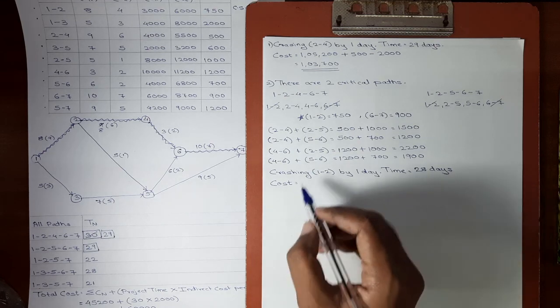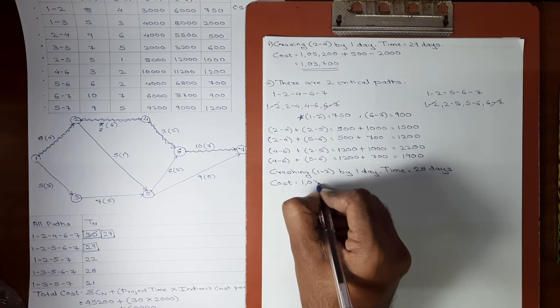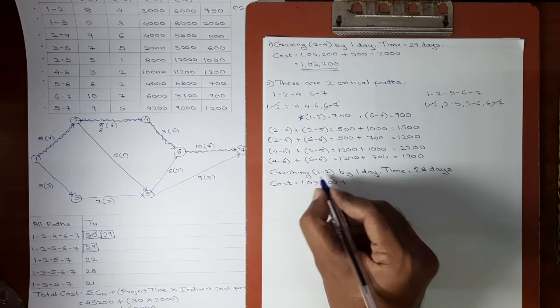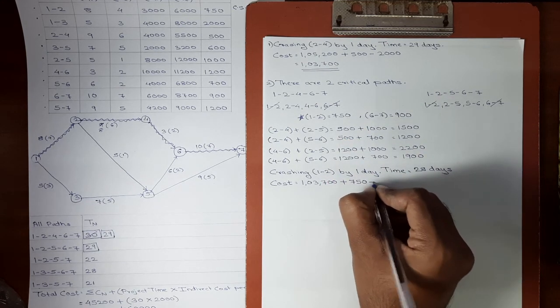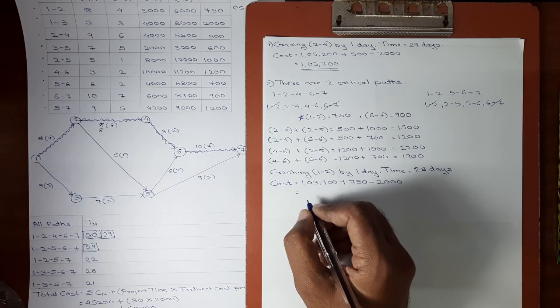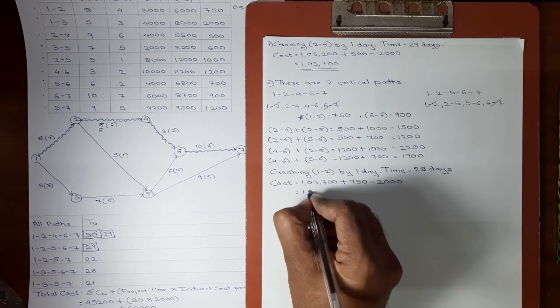So the total cost will now be 1,03,700, which we got in the first step of crashing. 1,03,700 plus cost slope of 1 2 is 750, plus 750 minus indirect cost of 1 day is 2,000. Now here we get the answer as 1,02,450.